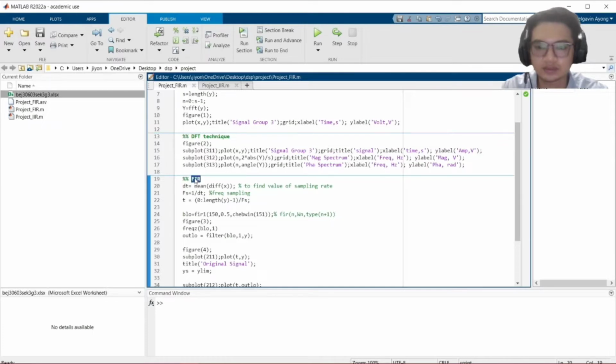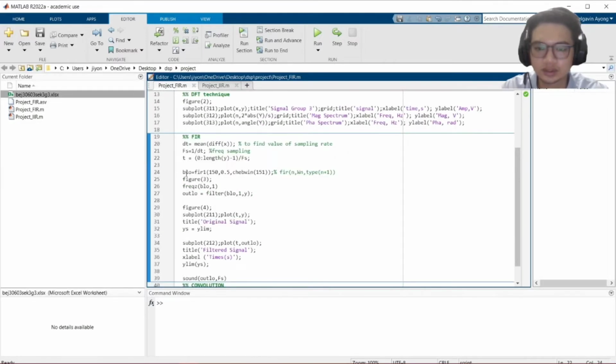Then for the FIR, the finite impulse response filter, dt is the mean of the differences of x, which is used to find the sampling rate, and fs is the sampling frequency, which is 1 over dt.